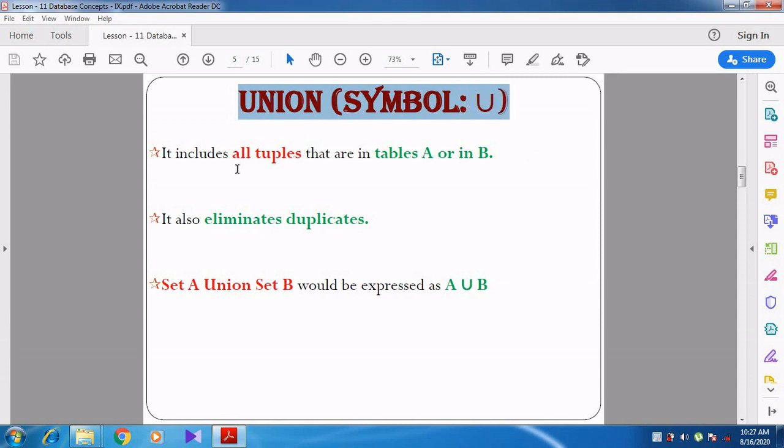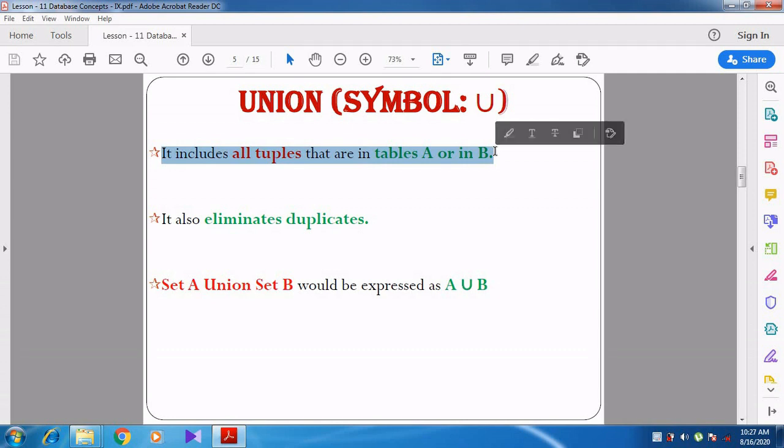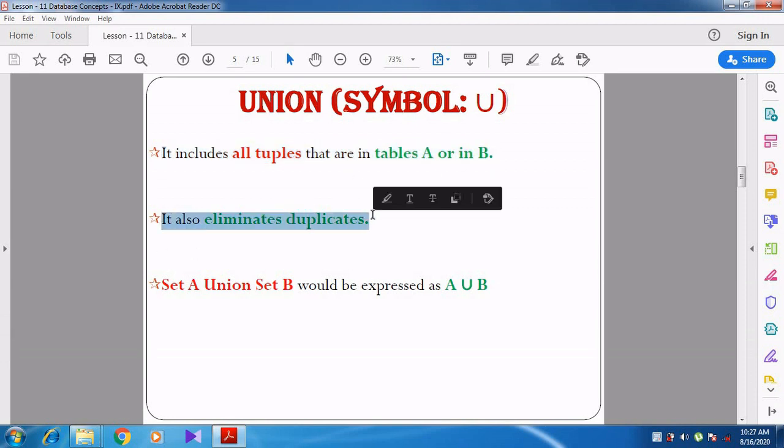Union is used to include all the tuples in table A or in table B. So we take all the rows, that is all the tuples, from table A and table B and combine them together, and at the same time it eliminates the duplicates.